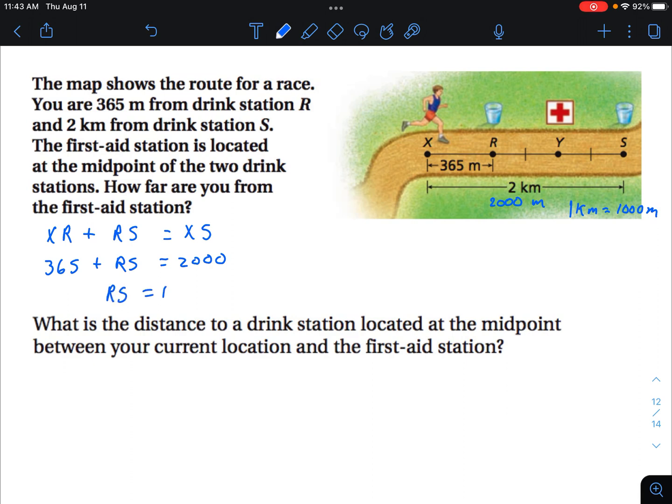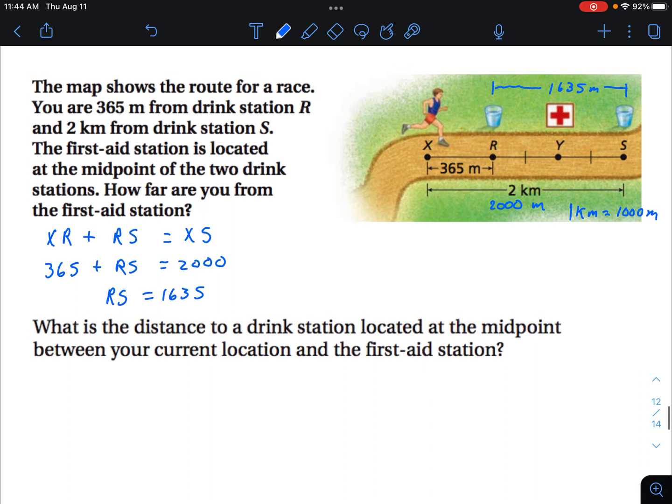So now I figured out RS is 1,635 meters. And since Y is the midpoint, if I take that 1,635 and divide it into 2 equal parts, I'll know that each section is 817.5 meters.